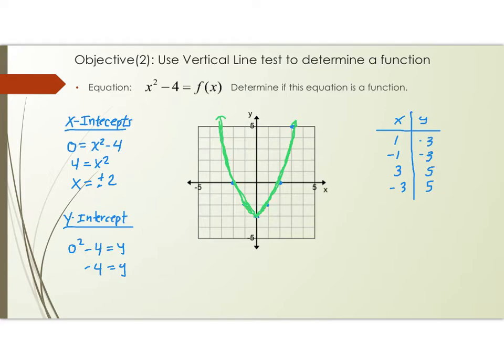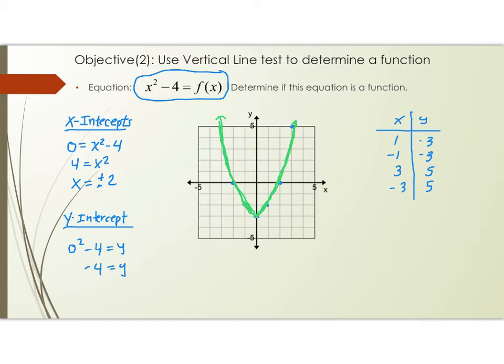Our second objective in this chapter is to use the vertical line test to determine a function. So we have an equation, x squared minus 4 is equal to f of x, and we want to determine if this equation is a function. So we will find the x-intercept and the y-intercept. For the x-intercept, we'll let f of x equal 0 and solve.